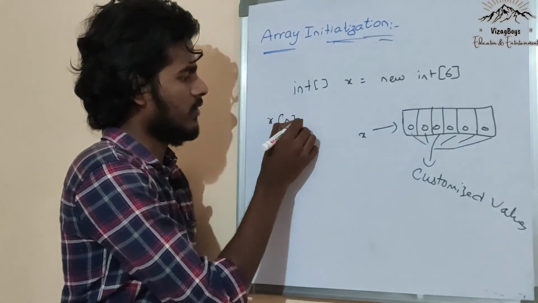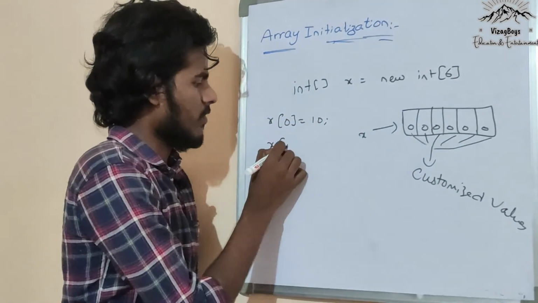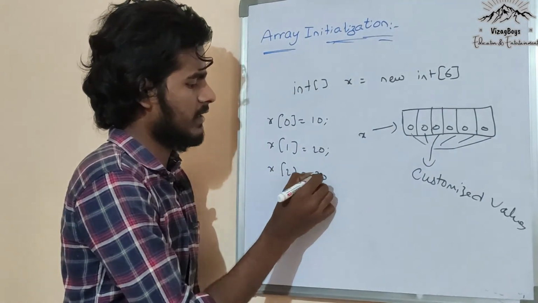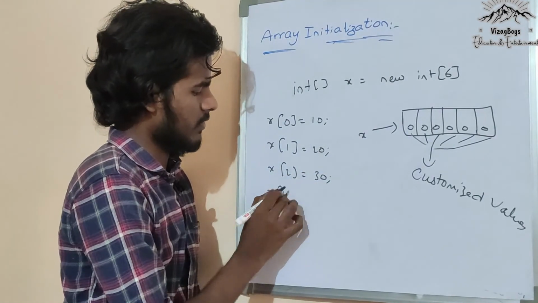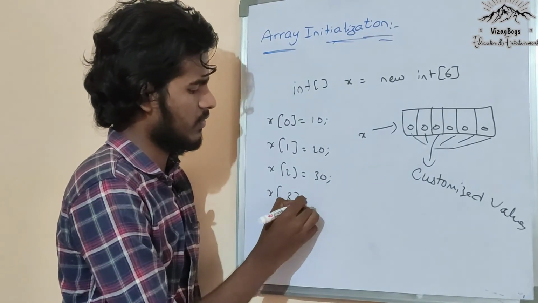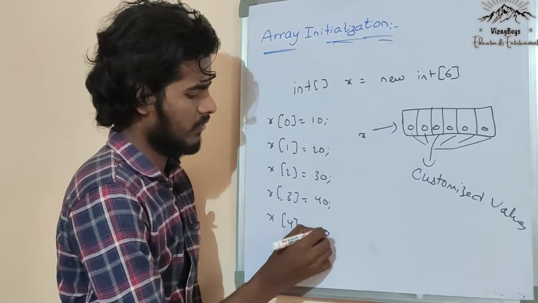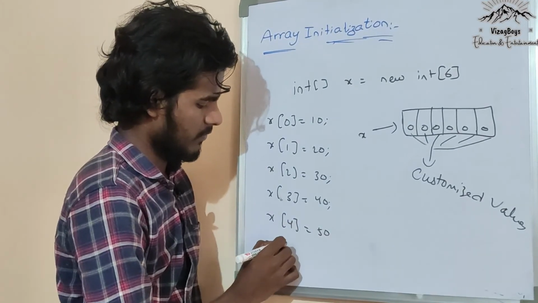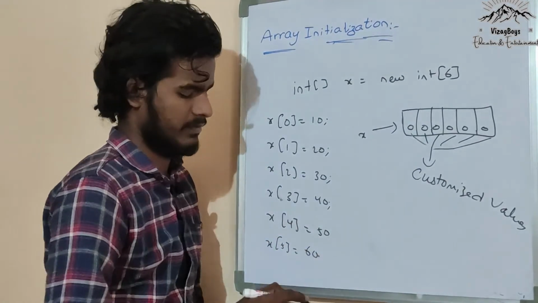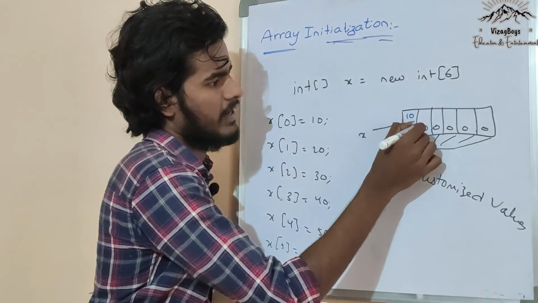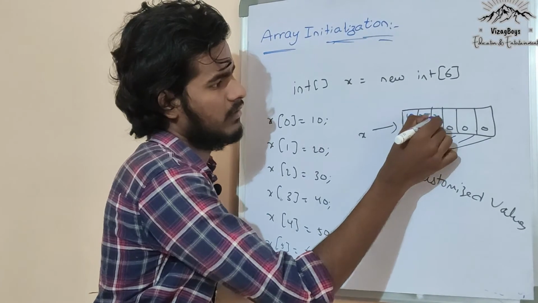X of 0 is equal to 10, X of 1 is equal to 20, X of 2 is equal to 30, X of 3 is equal to 40, X of 4 is equal to 50, X of 5 is equal to 60. Here we can override these values with our customized values.